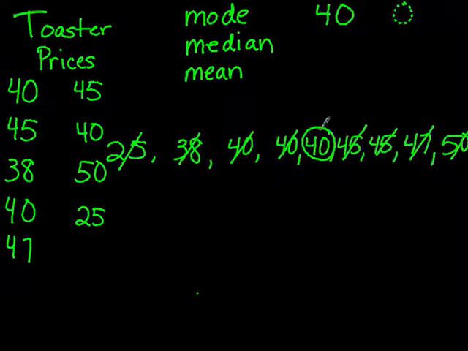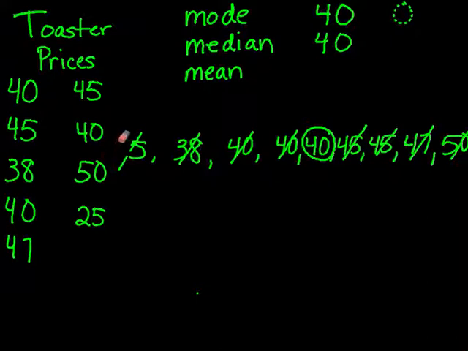So for this set of numbers, the middle number, the median number, is 40. Whenever you have an odd number of numbers in the set, you'll end up with one number in the middle. But when you have an even number, you will end up with 2 numbers in the middle.